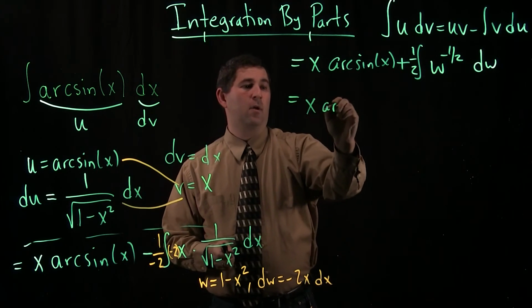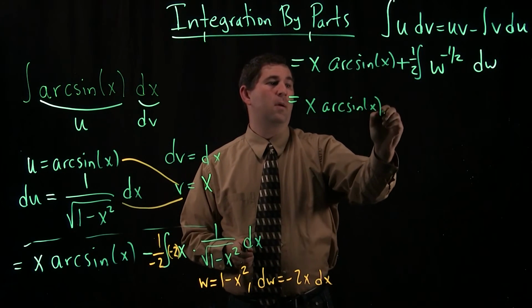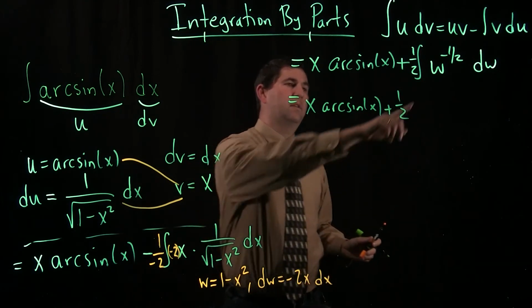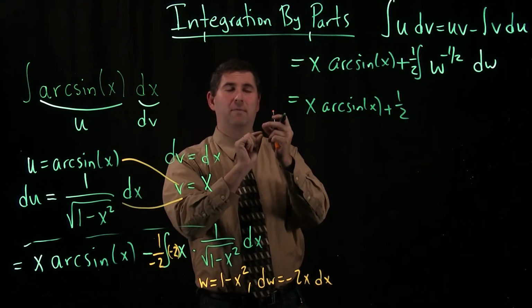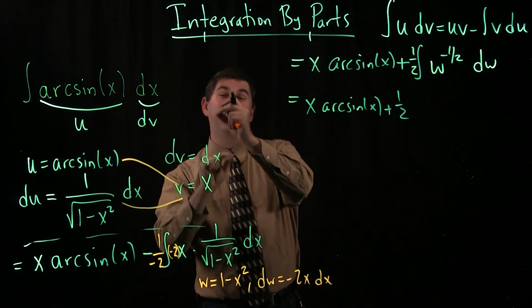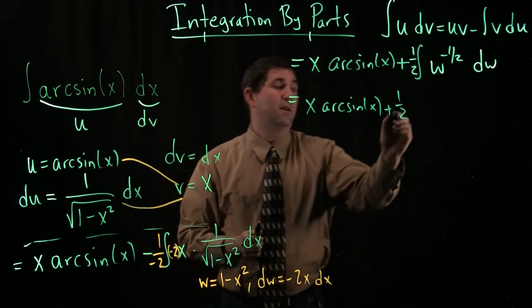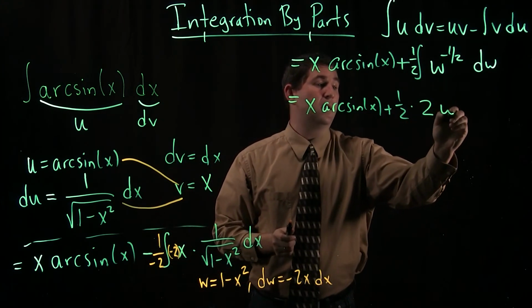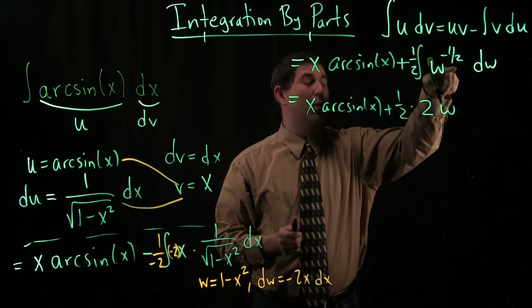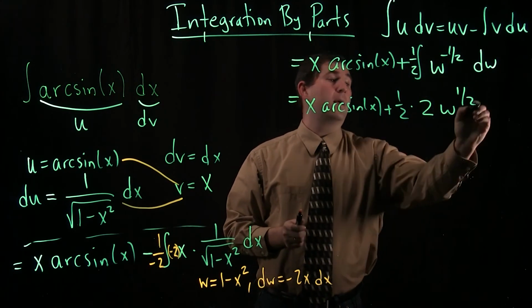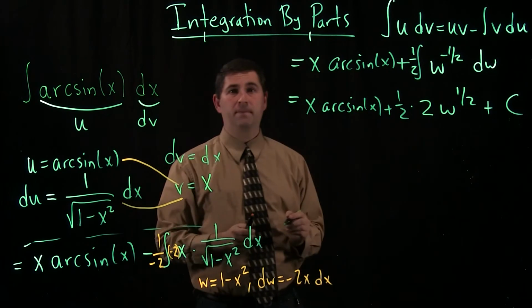I get x arcsine of x plus 1/2. You have to add 1 to the power, so that would be to the 1/2, but then you have to find the reciprocal of 1/2, that's 2. So times 2w raised to the 1/2 power plus our constant of integration.